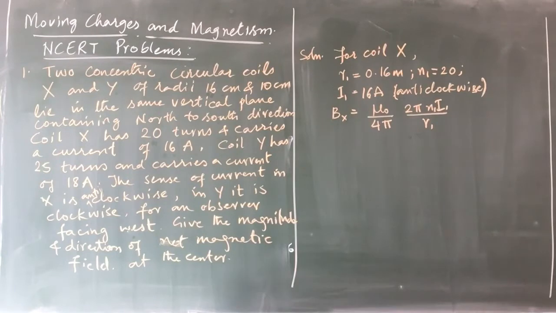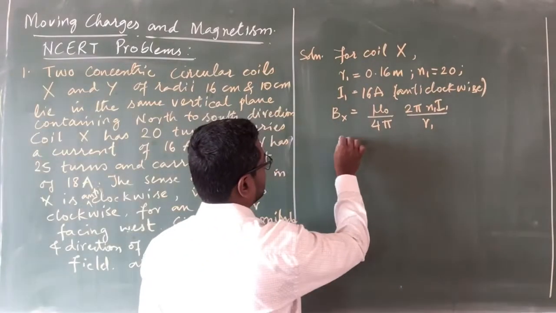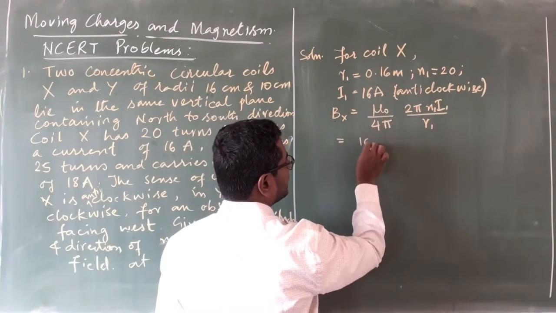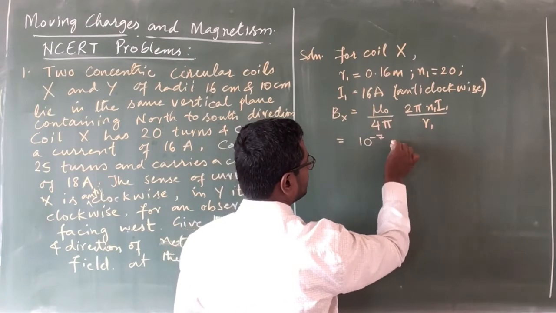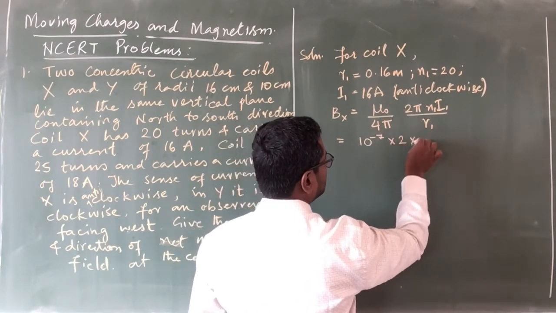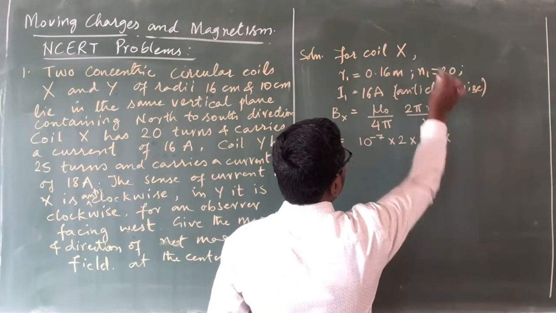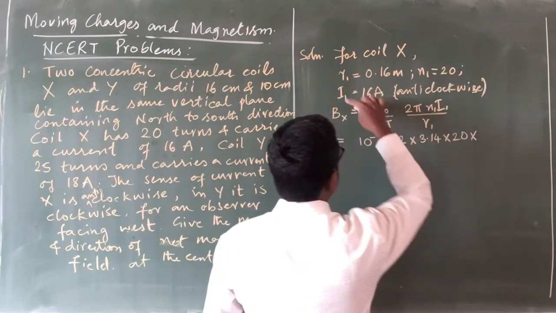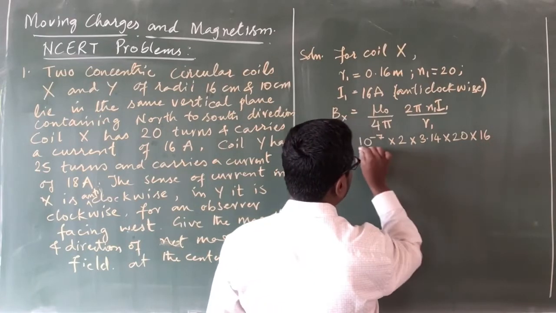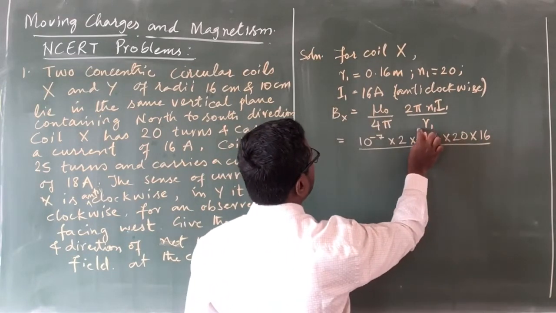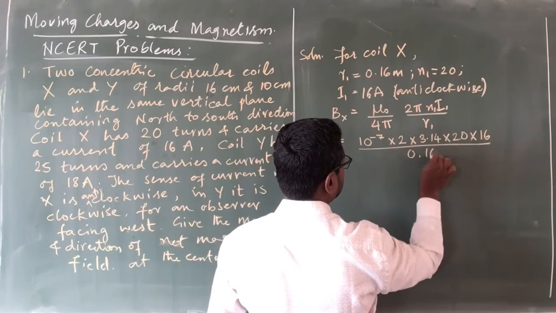Now substituting the values for the X coil. Mu naught by 4 pi is 10 to the power of minus 7, into 2 into 3.14 for the pi, into N1 which is 20, into I1 which is 16 ampere, and the whole thing is divided by the radius R1, that is 0.16.